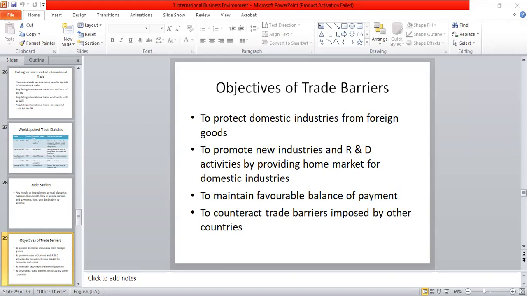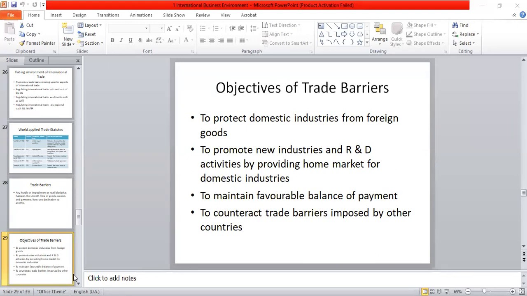Say, for example, China follows absolute advantage, producing more and more quantities and selling in India at a lower price. This is the policy followed by China, absolute cost advantage.